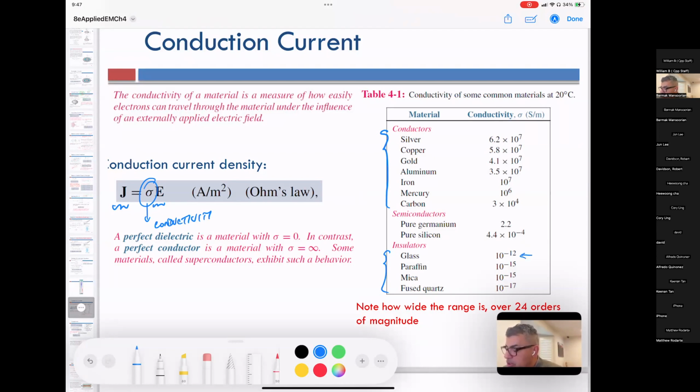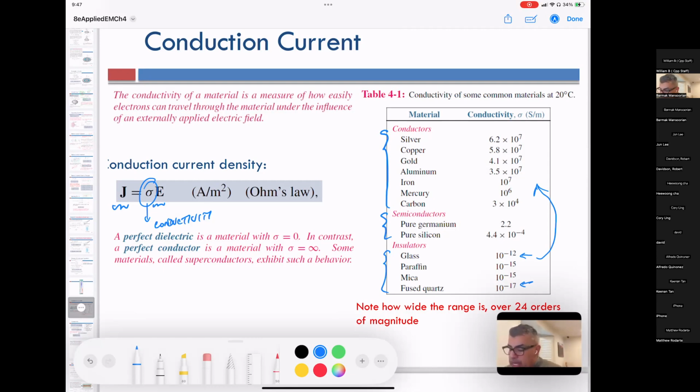There's as much as a factor of 10 to the 24 difference between some insulator values and conductor values. But it's all the same function: conductivity relates the electric field across a material to the current density along the material. Interestingly, semiconductors, which I work with quite a bit, sit somewhere in the middle between conductors and insulators. That's why they're called semiconductors, not fully conductors.